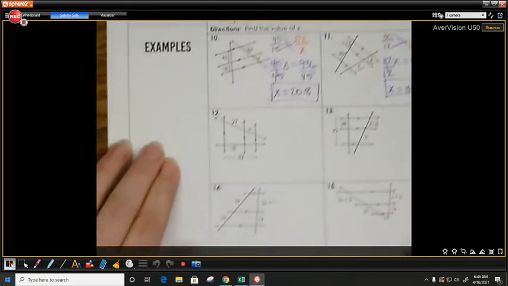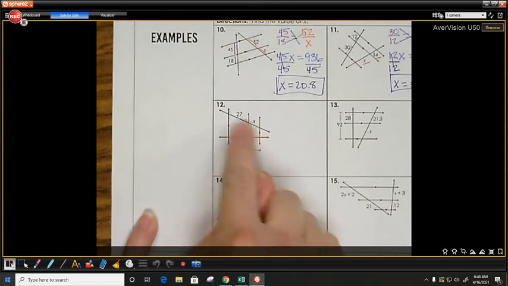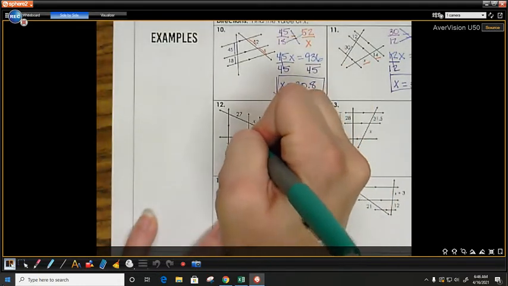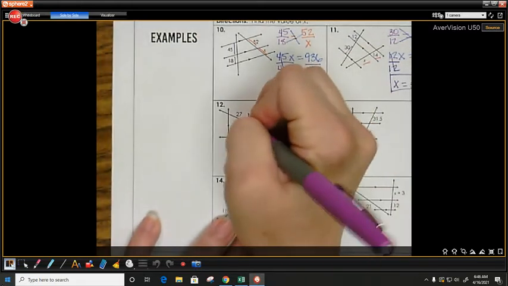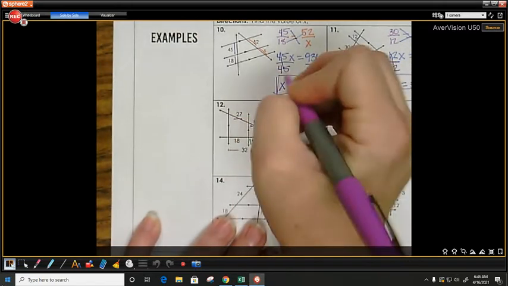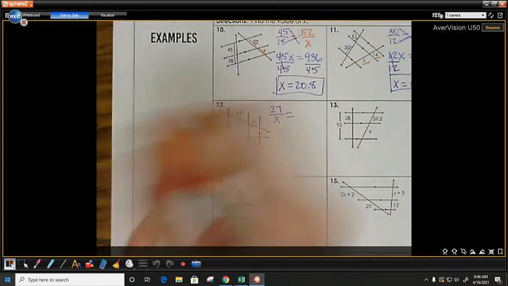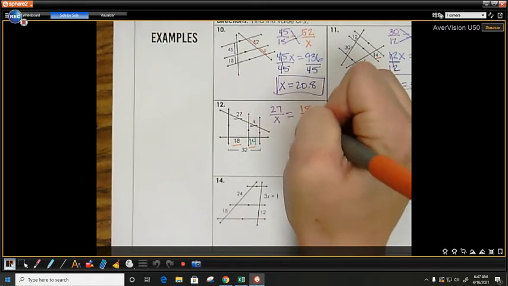Okay. Next one. These three lines are parallel. I have both these segments labeled, but I don't have these both labeled. If the total is 32 and this piece is 18, that means this piece right here is 14, because 32 minus 18 is 14. So I'm going to set up my ratio. Okay, so 27 over x is equal to 18 over 14.